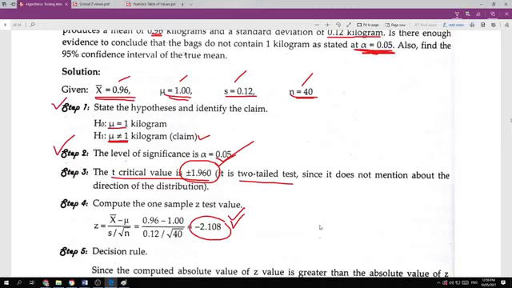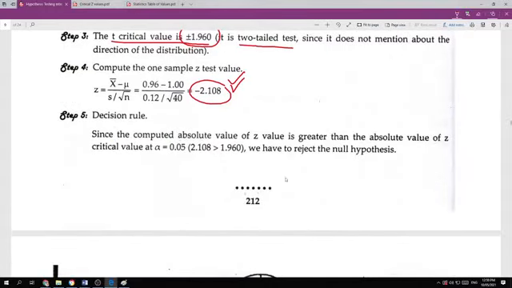Take note how we will be getting the absolute values here. So, examine. Is this greater than this? When you take the absolute value, what do you do, by the way? You make it positive.